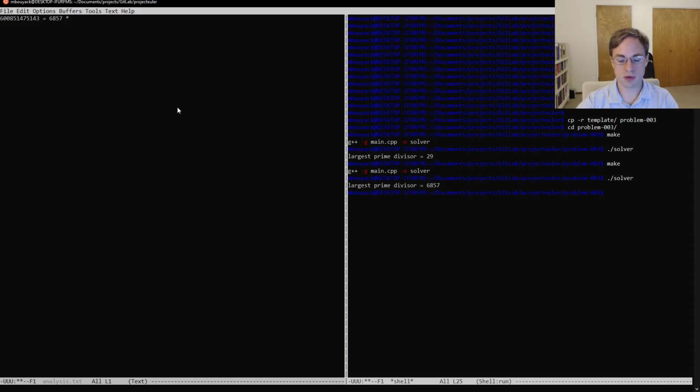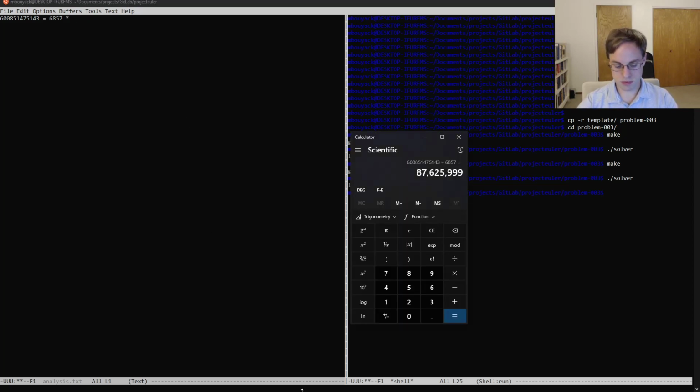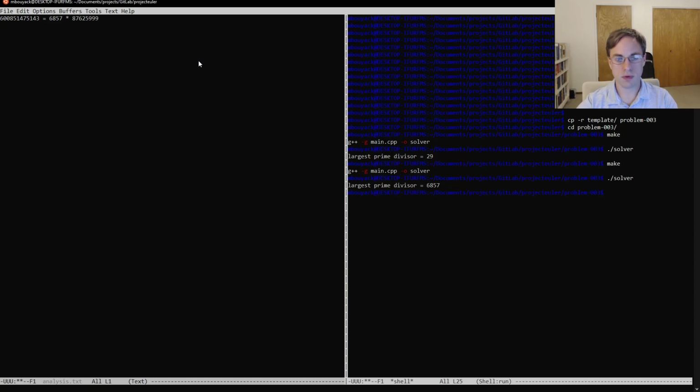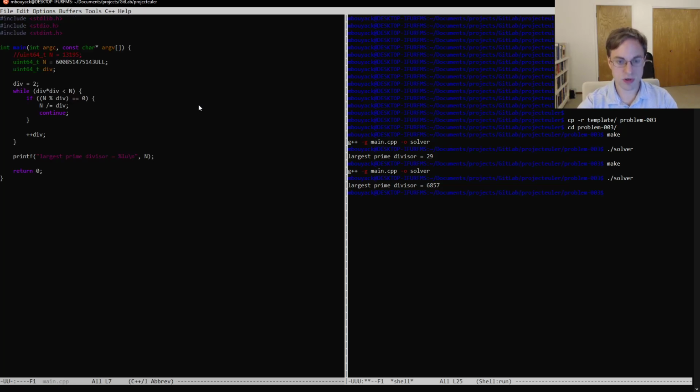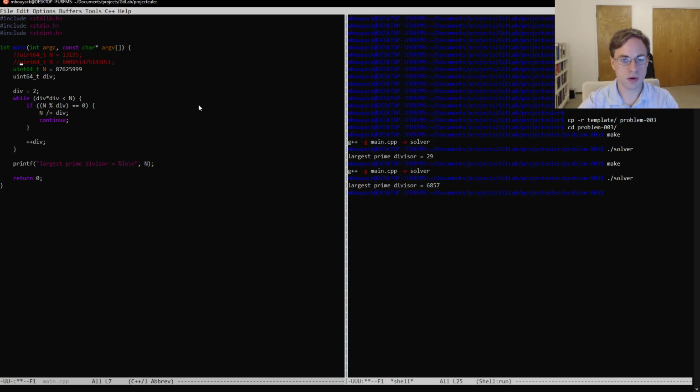Oh, that didn't work. There we go. But now we can continue to break this down. And okay, so now it says the next largest prime divisor is 1,471.